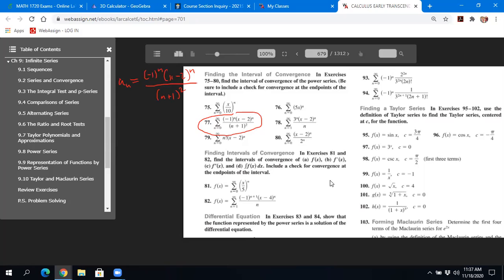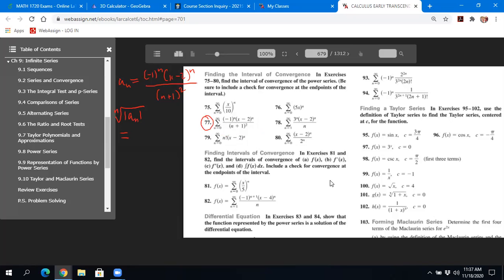All right, let's do root. So we take the absolute value of a_n, and we take the nth root of that. Now, when I take absolute values, does that alternation really matter? No. The alternation does not matter.